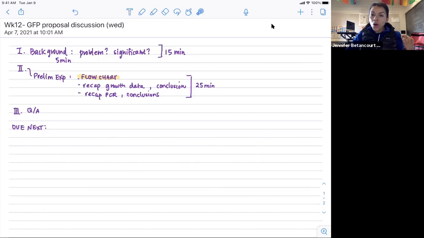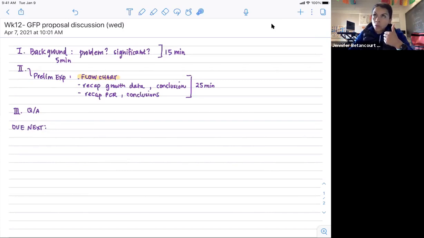And also, why is it a problem? Usually grant proposals in the biomedical research field typically have something to do with some kind of disorder, disease, condition that we currently don't have a solution or a treatment for. So that gives you a huge clue as to what the problem is.